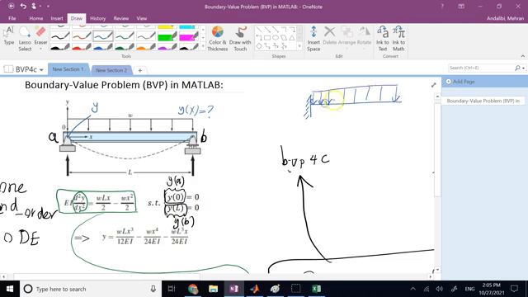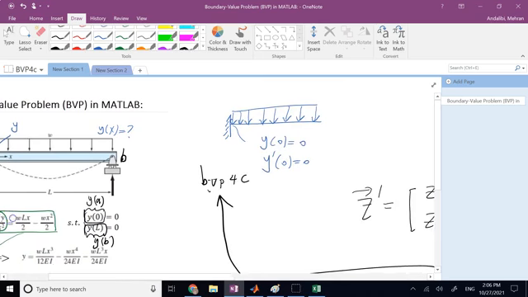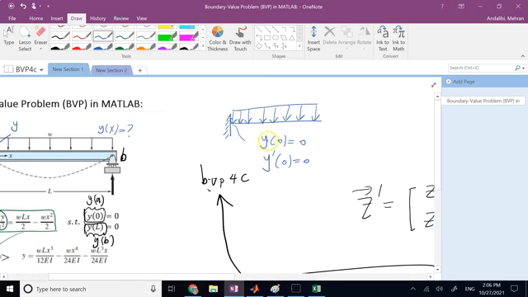Then at x of 0, you had y to be 0, right? And you also had y prime, or the slope, at 0 to be 0. If that's the case, then how would you show it in MATLAB? Well, this is y of a, but number 1, and this is y prime of a.